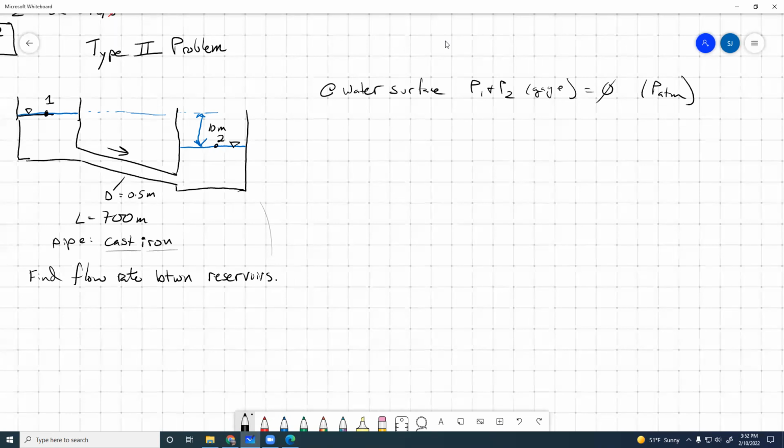What other things can we simplify here? If we're on a reservoir, we're assuming that the velocity is essentially 0, right? So velocity negligible. V1 and V2 are approximately 0. This really simplifies things for us.